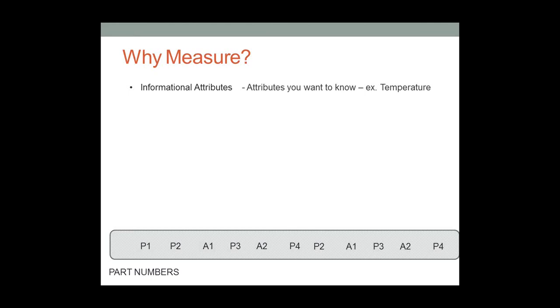That's more for temperatures, pressure, the environment variables, anything that could affect the quality of the part, and for information only. There are quality monitoring attributes where features and different dimensions or characteristics of the parts are measured to monitor the stability of the process. This is primarily a monitoring activity rather than a quality control activity.